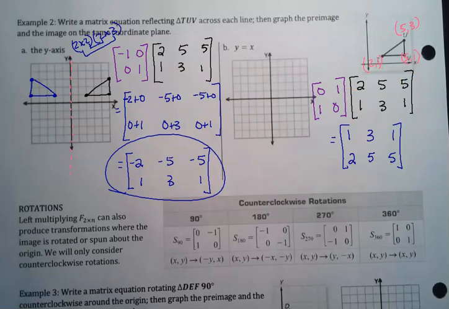All right, so if I graph my pre-image again, I have 2, 1, 5, 1, 5, 1, 2, 3. Okay, here's my pre-image. And my image is 1, 2, 3, 1, 2, 3, 1, 2, 3, 4, 5, and 1, 5.